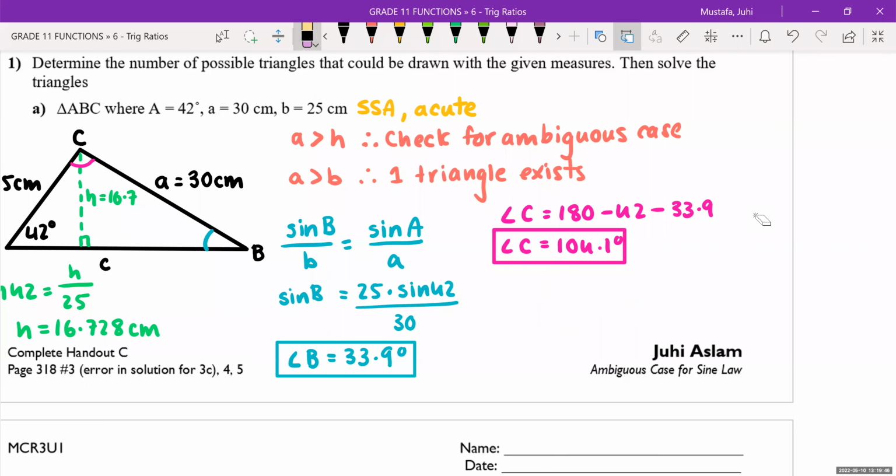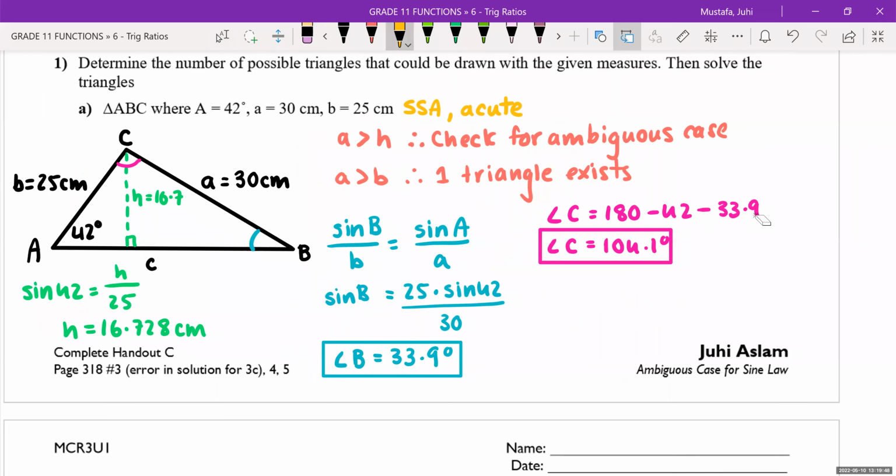So let me just do that on the side over here. So it's going to be side length C over sine C is equal to side length A over sine A. And now we're going to plug in our information. So sine C is 104.1 and side length A is 30 over sine A is 42.